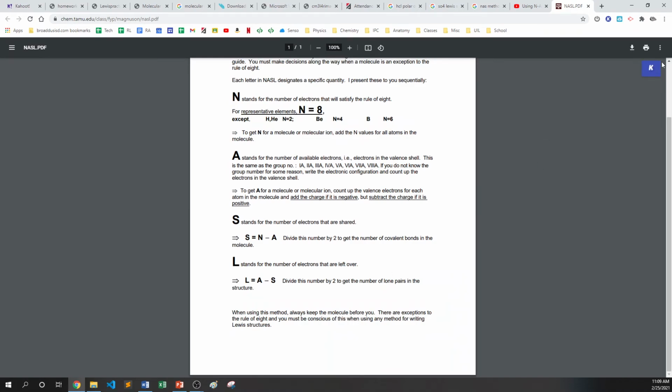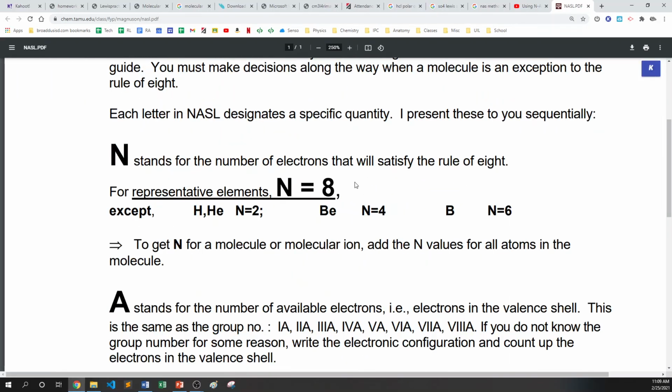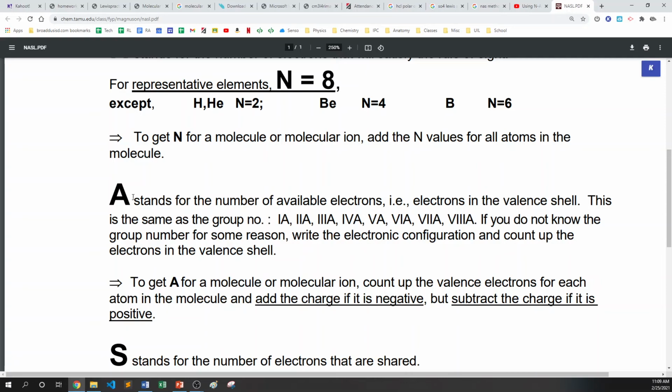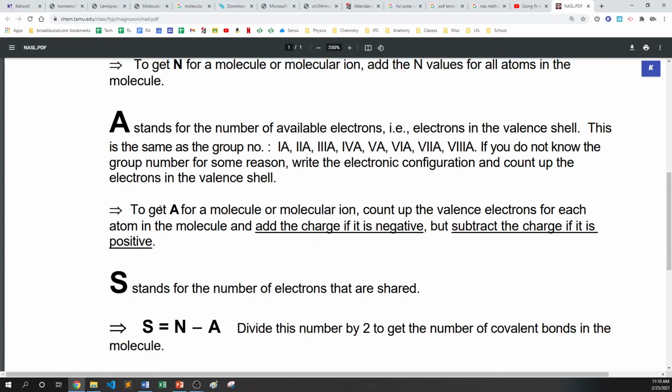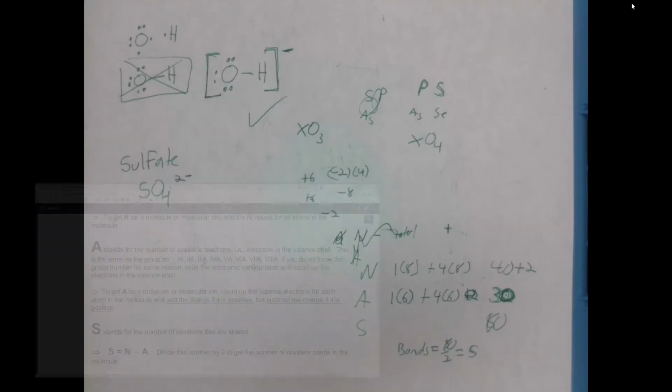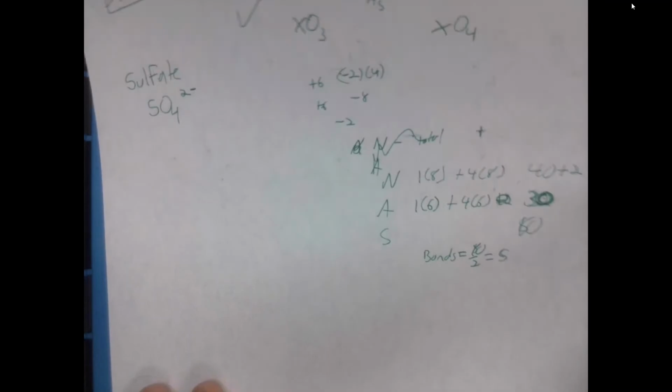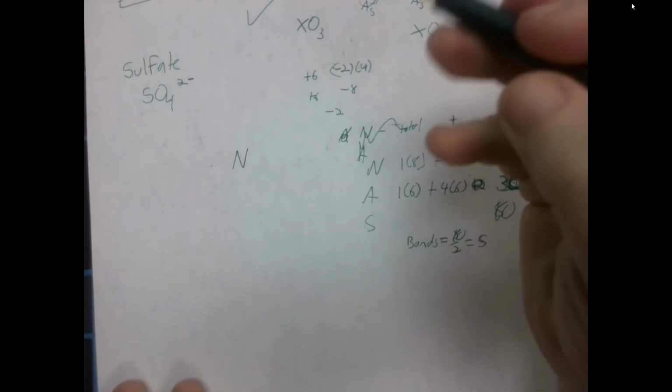The NASL method, I don't call it the L. They say A stands for the number of available electrons. This is equal to the group number they're in. Remember your exceptions. For an ion, count up the valence electrons and add the charge if negative, but subtract the charge if positive.